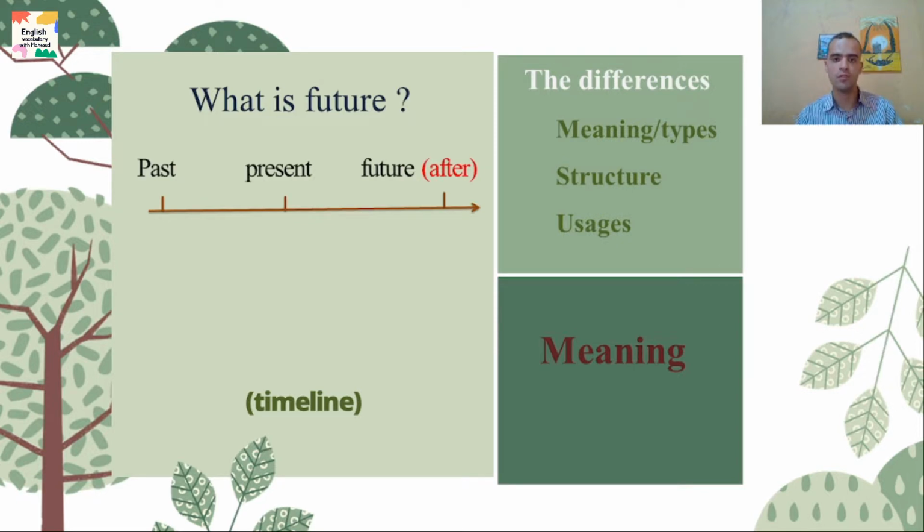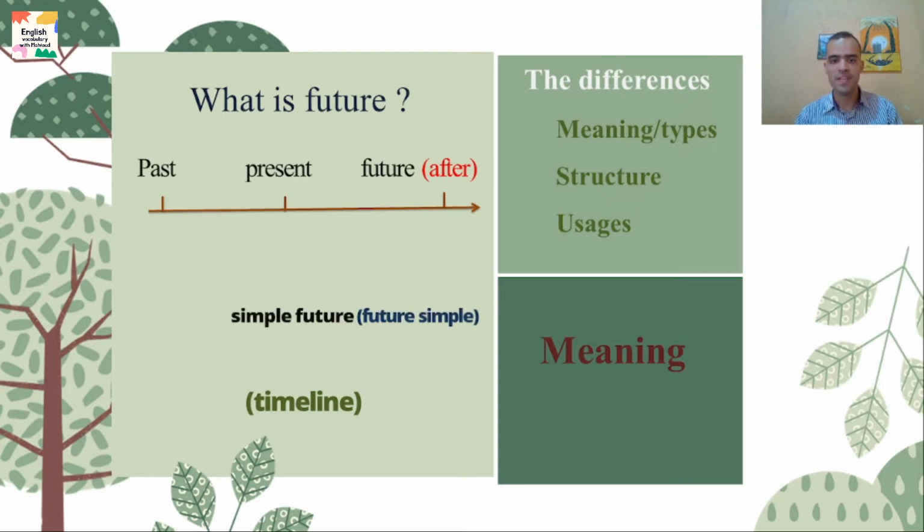I made after between brackets to make it easier for you to identify what is future. So future is anything that will happen after present. Anything that is coming is called future. That's why I made after here to help you know what the future is in a timeline.